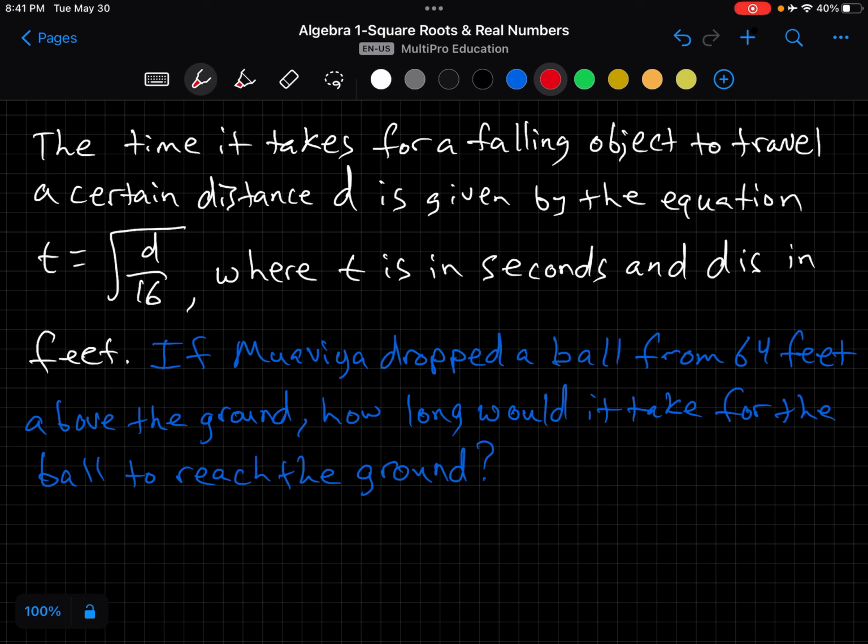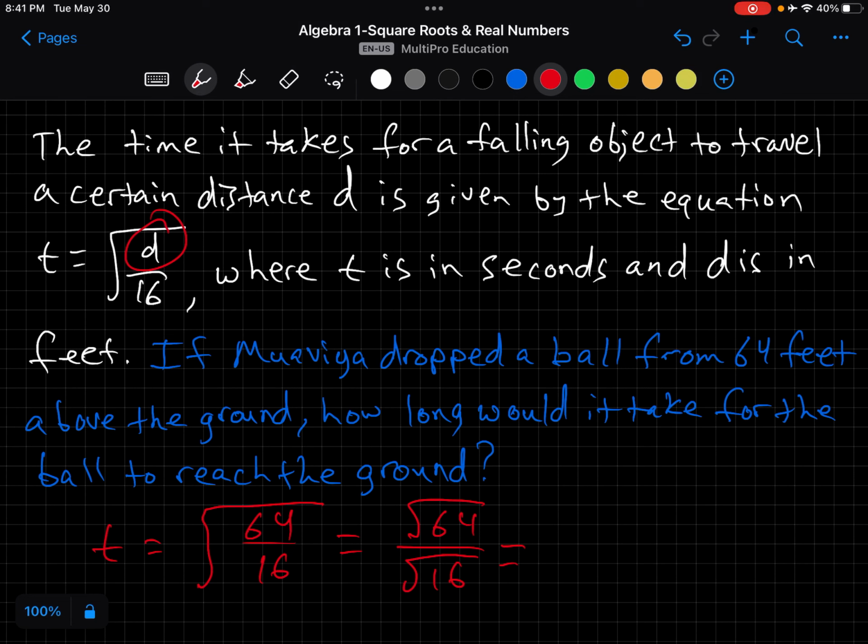We want to plug in for d, the distance in feet, 64 over 16. Okay, now let's break this down. The square root of 64 over the square root of 16.